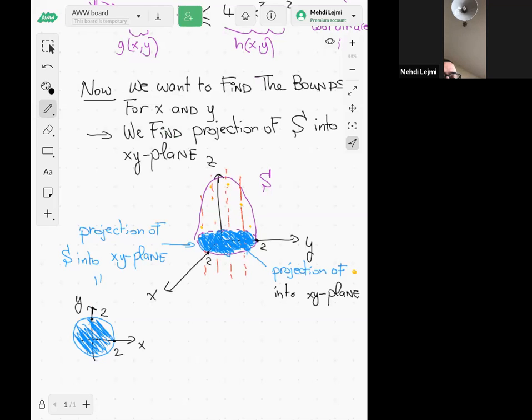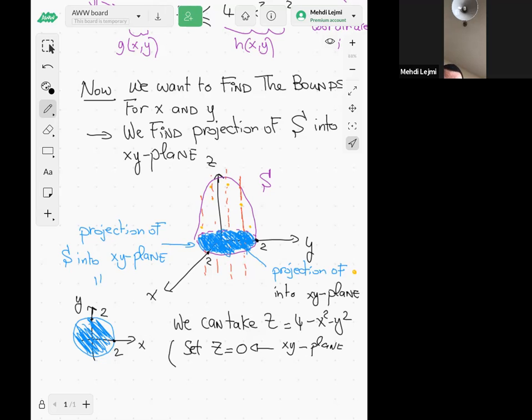All right. So another way to do it is just to take the equation of our paraboloid, which is z equals 4 minus x squared minus y squared, right? And the equation of the xy plane is z equals 0. So you can set z equal to 0. That's the equation of the xy plane.